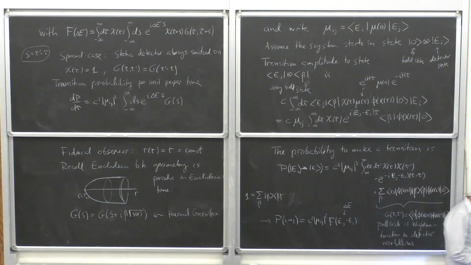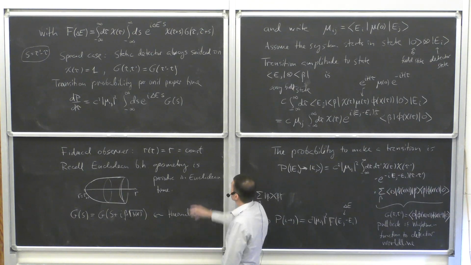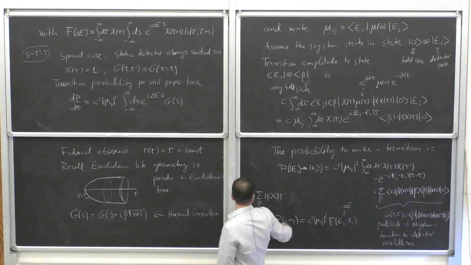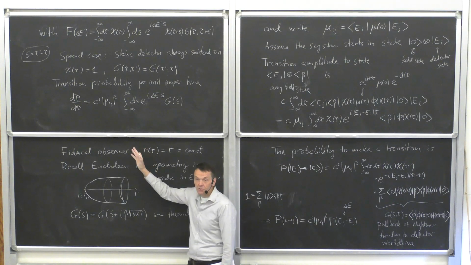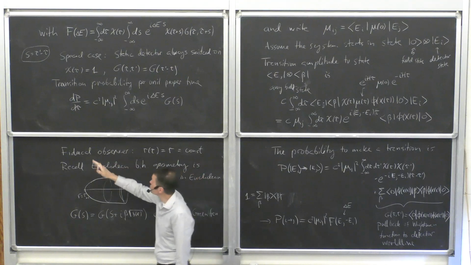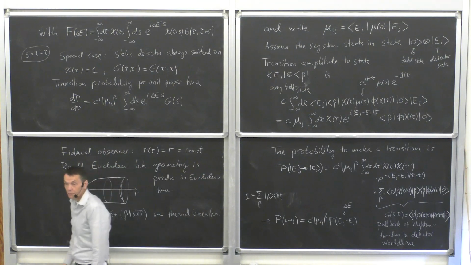But the problem with the infalling observer is that their worldline, even if it's just simple radial infall, is more complicated, and actually calculating this Green function is tricky. Usually it's done in this case using some clever arguments, some contour deformations and so on.